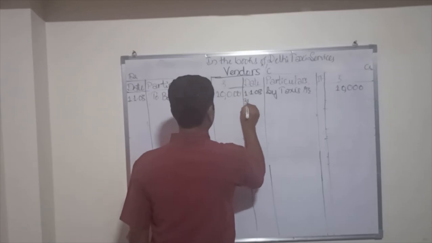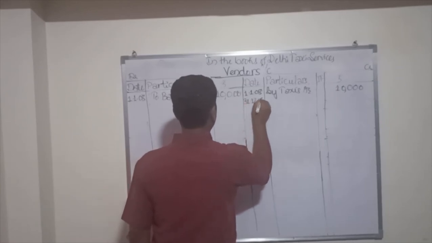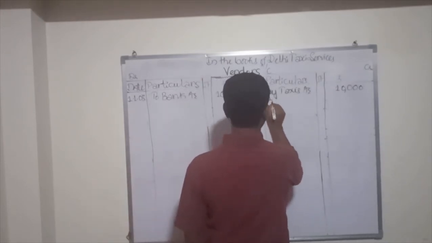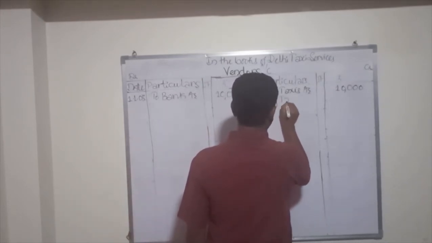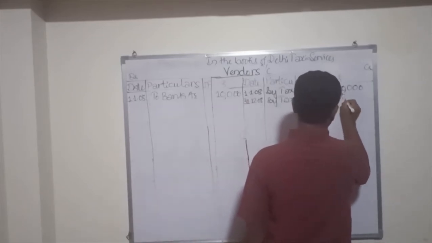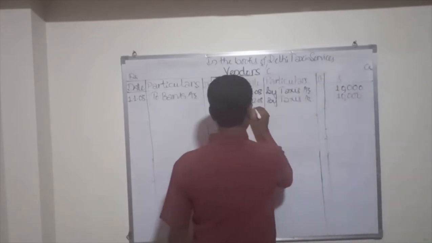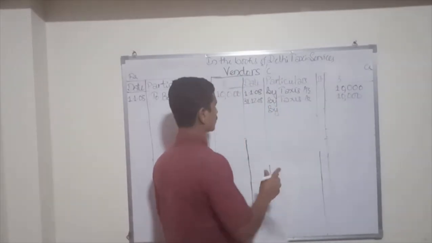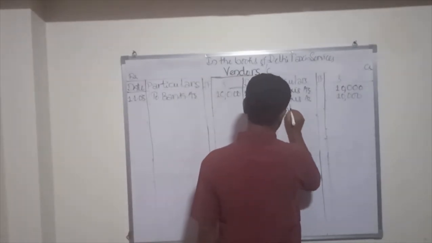So the first installment is due on 31st of 2008, then the entry will be taxes account debit, interest account debit to vendor's account. So by taxes account we should write the principal part here, that is 10,000. On the same day interest, so here it is 3,000 interest for the first year.